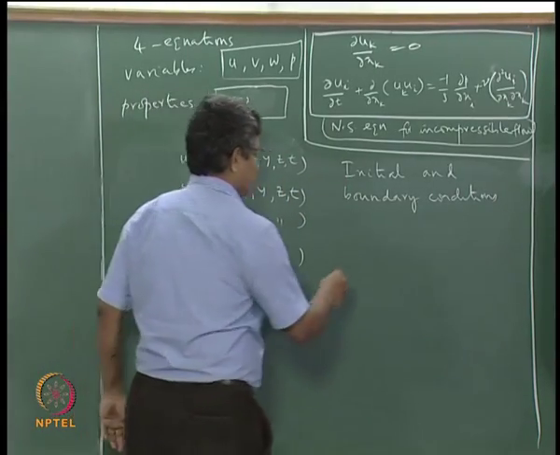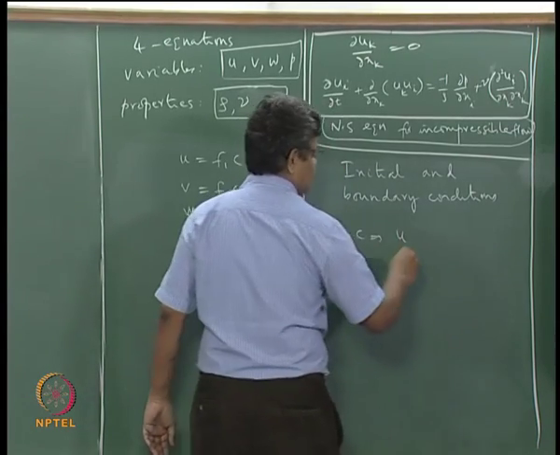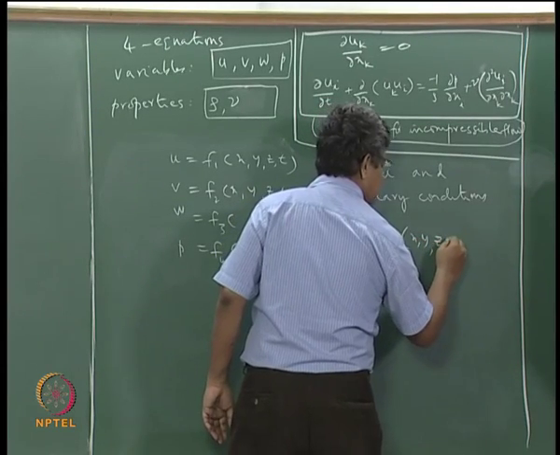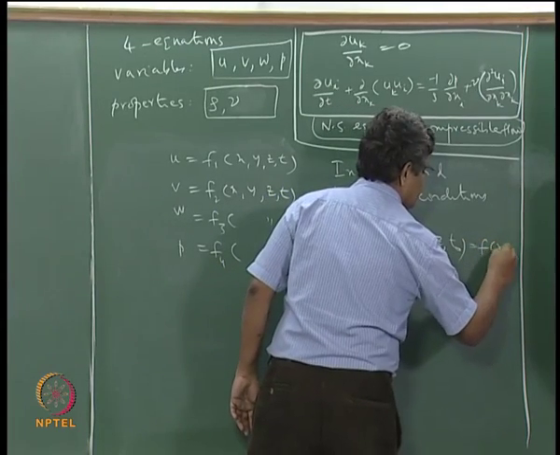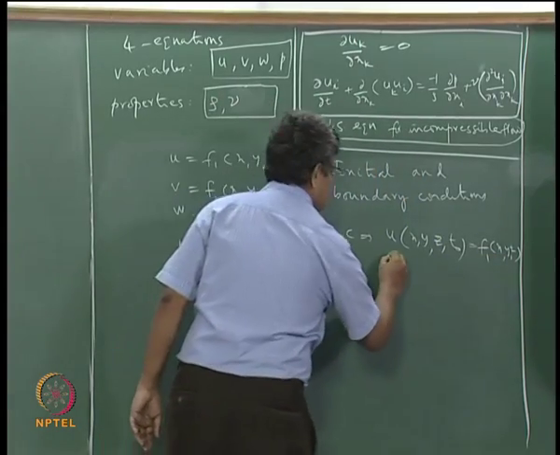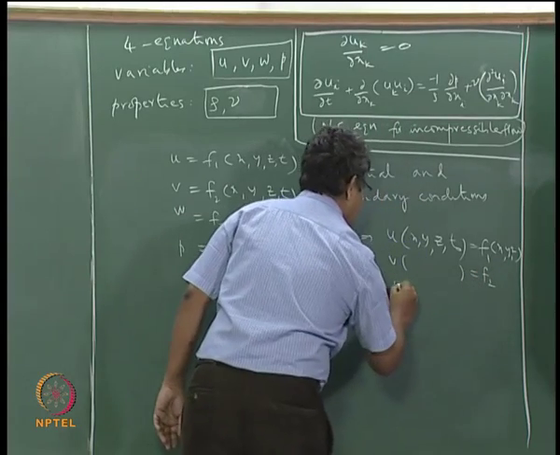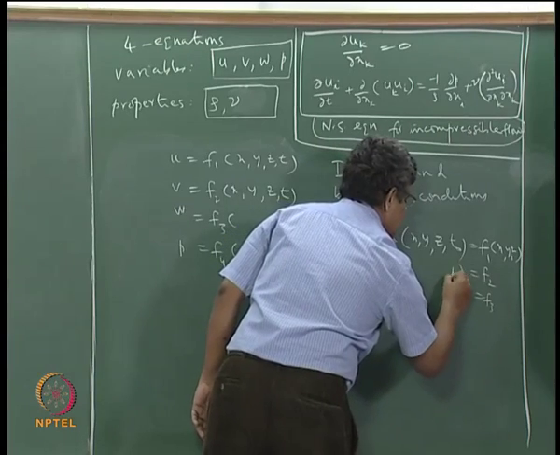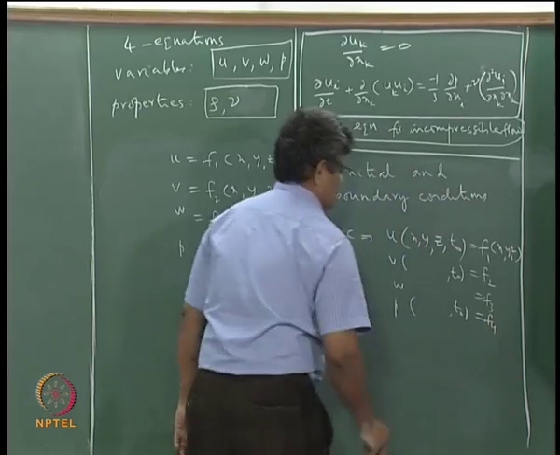It is of the form u at x, y, z, t0 is equal to f1 of x, y, z, and similarly v is equal to f2, w is f3, and p is f4.